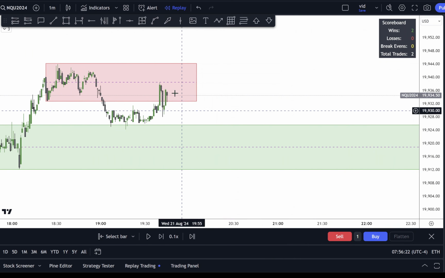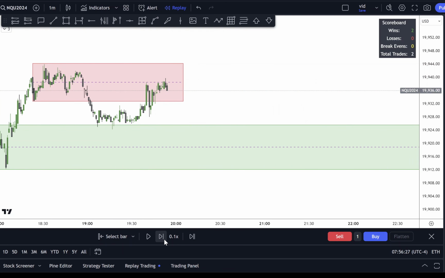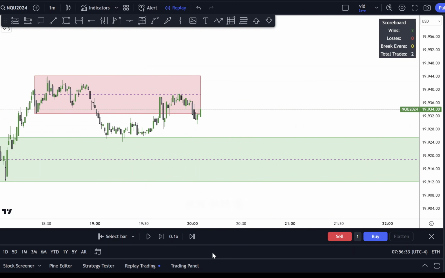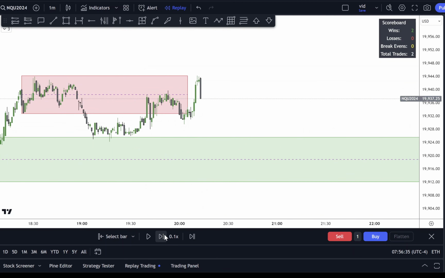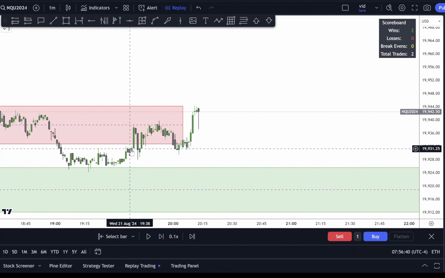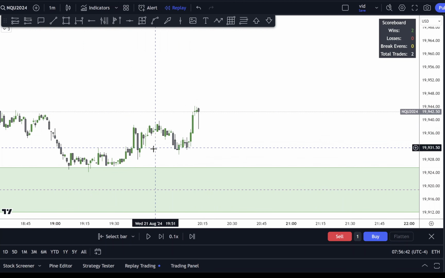Okay, so let's see what's happening again. Okay, so I just saw that we did a valid pullback here. We had a valid pullback, right?